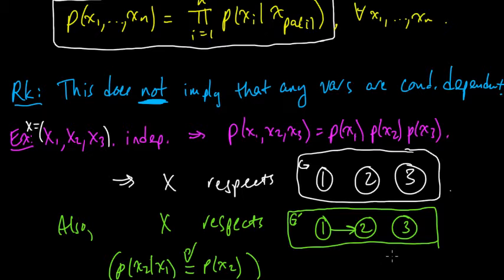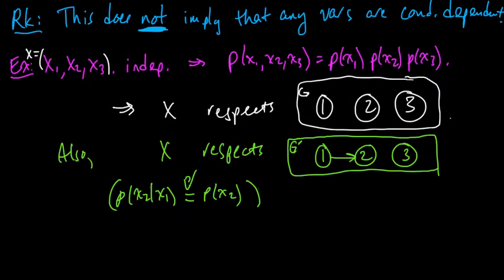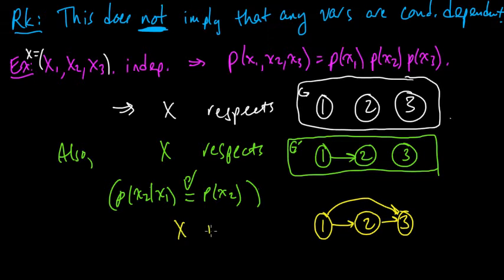Okay, so I hope that was clear. Let me give you one other example for this same thing. We could connect all of these, right? If we connected all of these, let's say 1 to 2, 2 to 3, and 1 to 3, in any arbitrary order, you could switch out the arrows as long as it's still a DAG, x would also respect this, in this case where they're all independent.